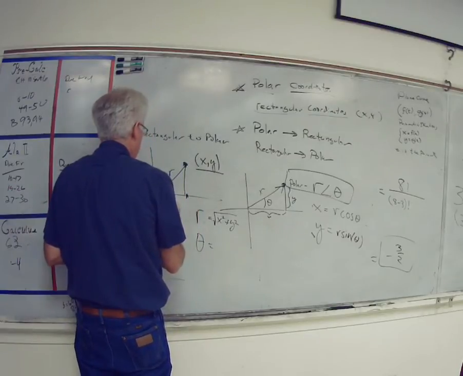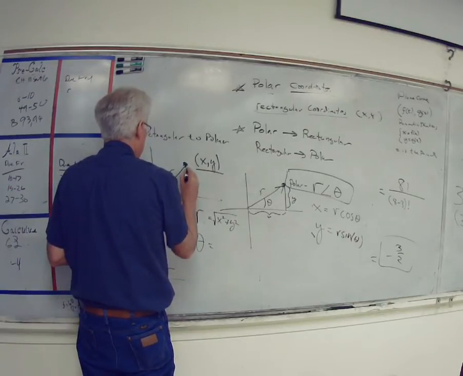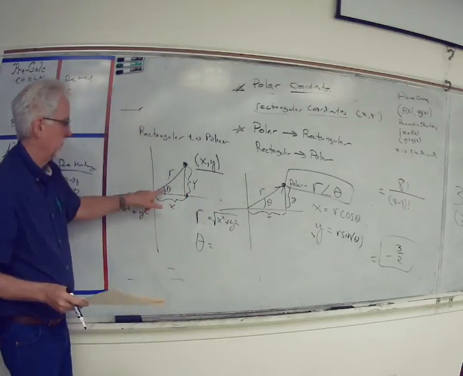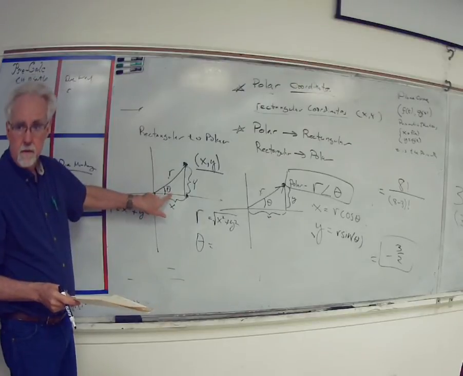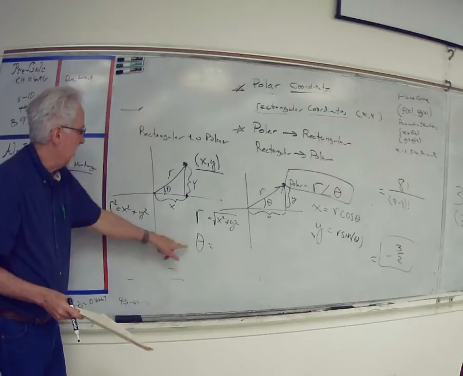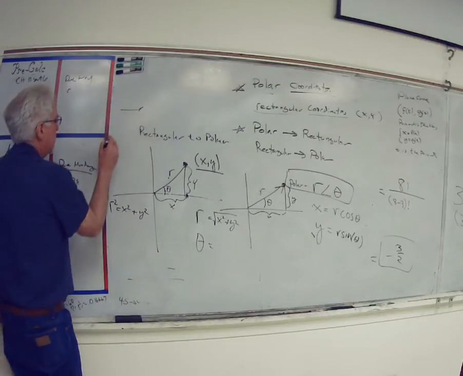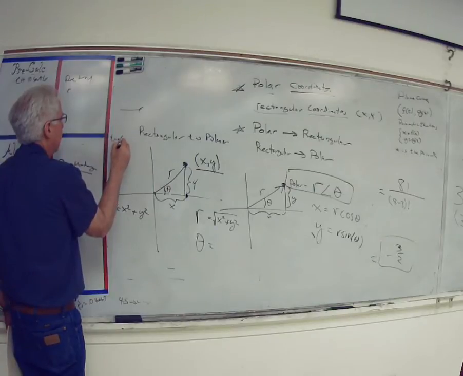Okay, now let's think. You said this is x and this is y. I've got to find what now? Now you need to use the angle. Yeah, I got to find the angle. Okay, so theta, remember SOHCAHTOA? Tangent of theta is what?